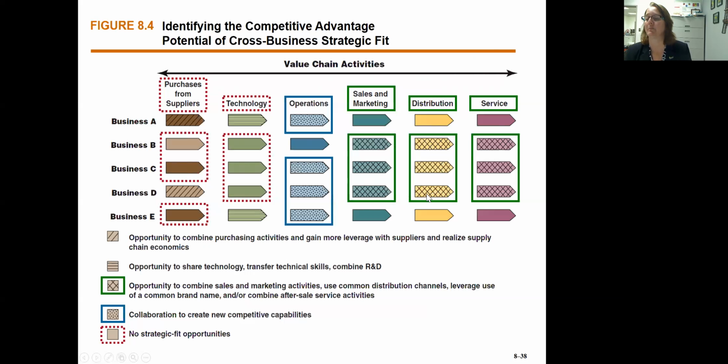Then you've got distribution and service. If you go across, business A was not included as much. Business B was included in all but one. Business C is in all of them. Business D, all but one. Business E in two. So business C would be the most attractive to adopt.